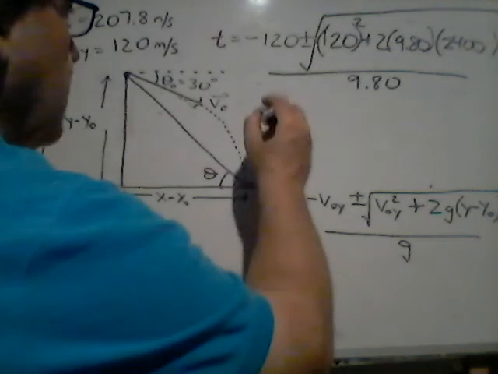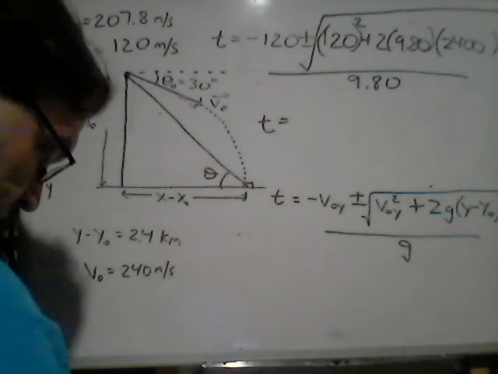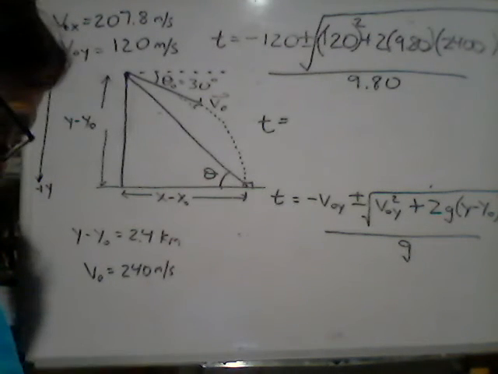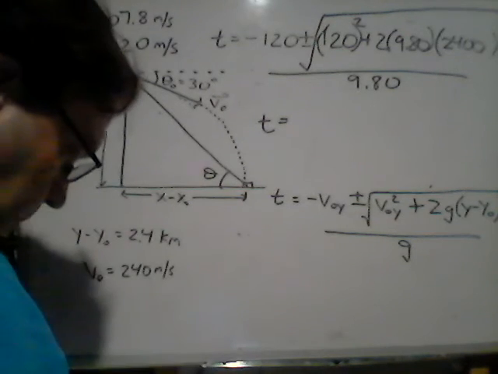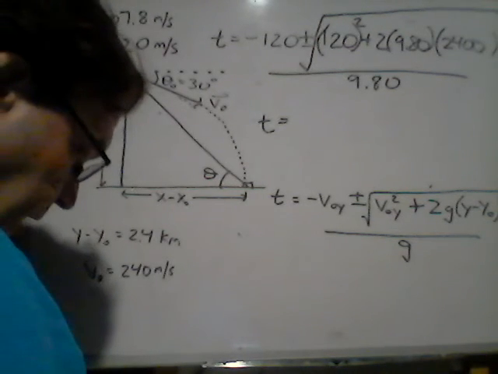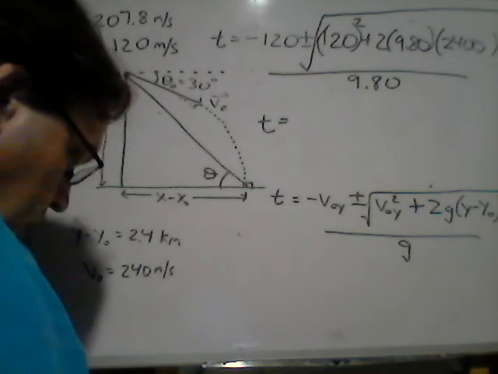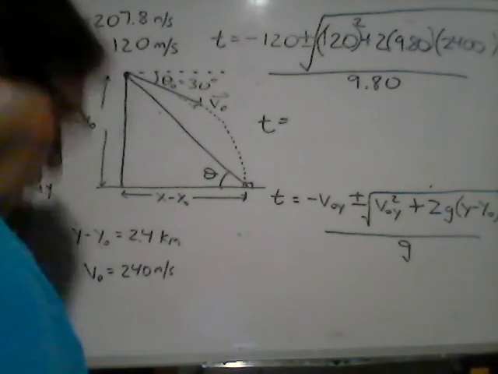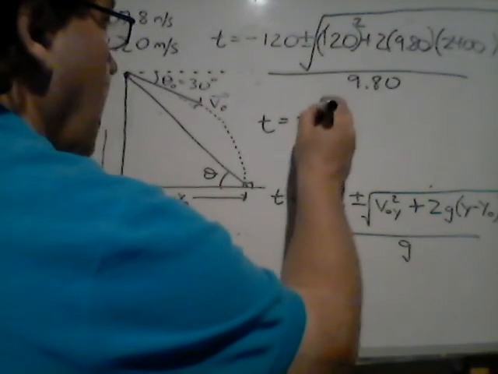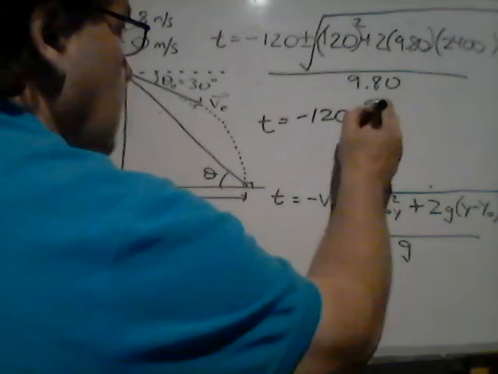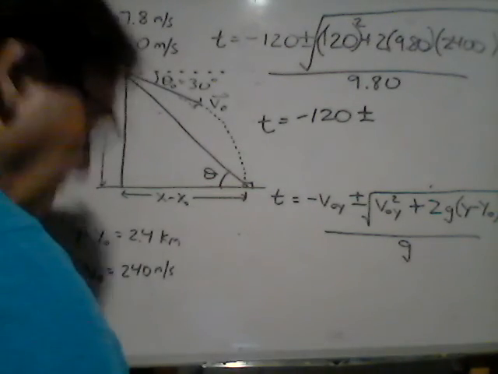So when you do this, you work this radical out, you end up finding out that the total time is going to be, let's see, negative 120 plus or minus this radical, if you work it out, becomes 247.9.